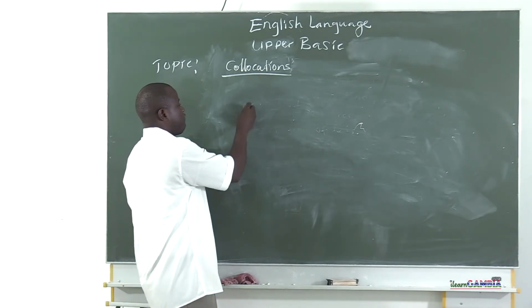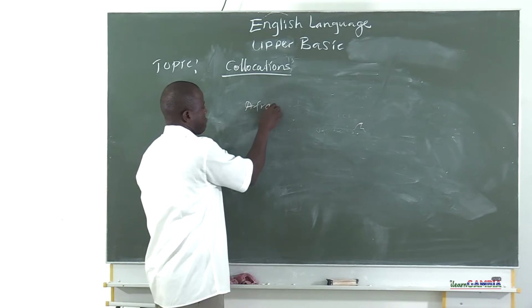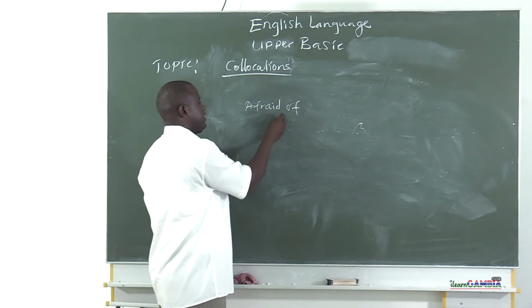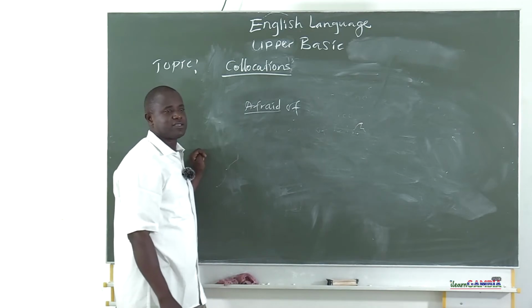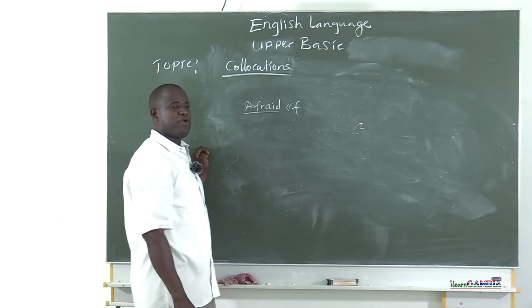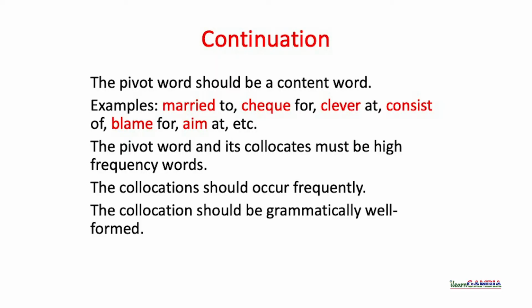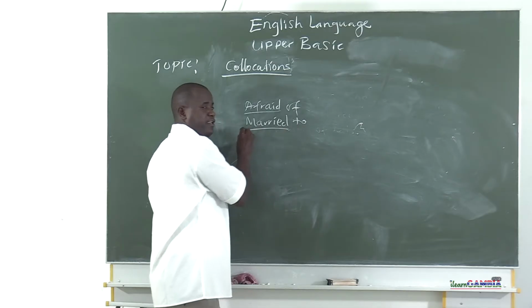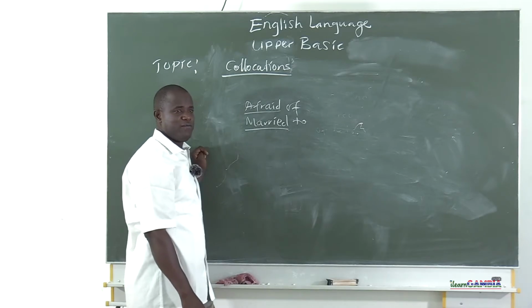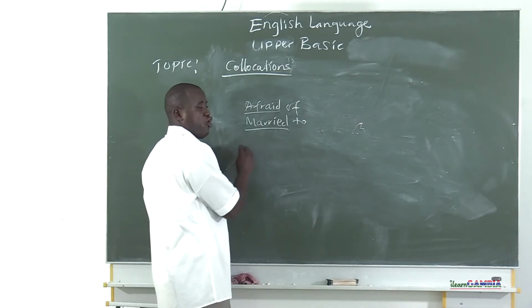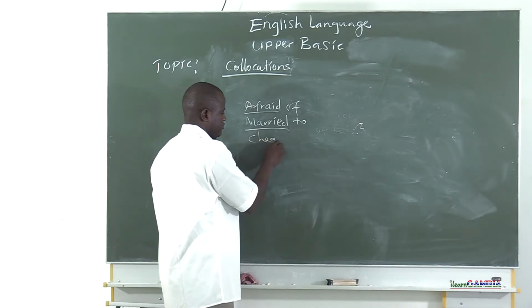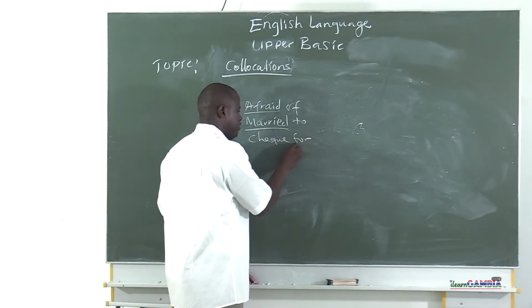For example, afraid of: this is the content word. If you have married to, look at this, this is the content word. If you have check for, this is the content word.